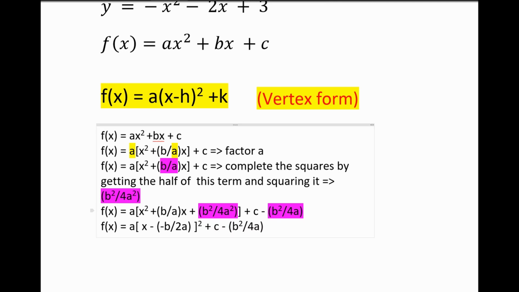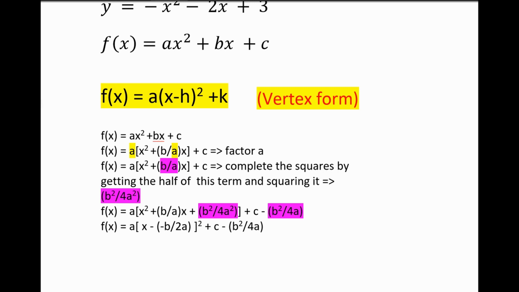Thus, we now have the equation a times x minus negative b all over 2a, squared, plus c minus b squared all over 4a. So this one is the vertex form.